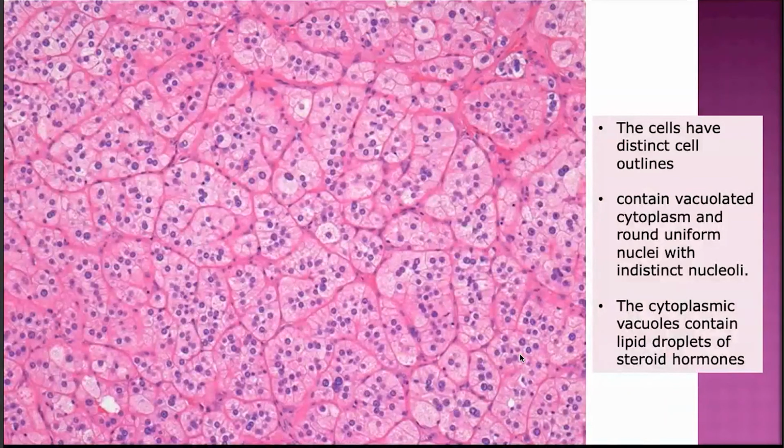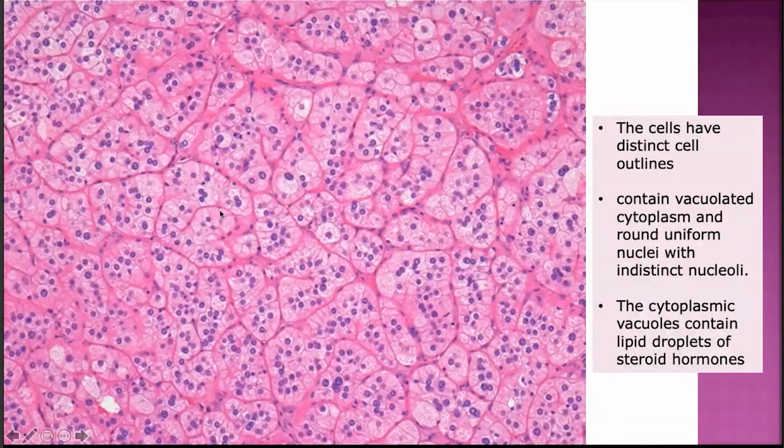And then look at the microscopy. The morphology of the cells from the adrenocortical adenoma. If you find this picture, you should be able to assume that this is from the adrenal, because the cells are very typical for the adrenal gland. The cells have very distinct cell outlines.